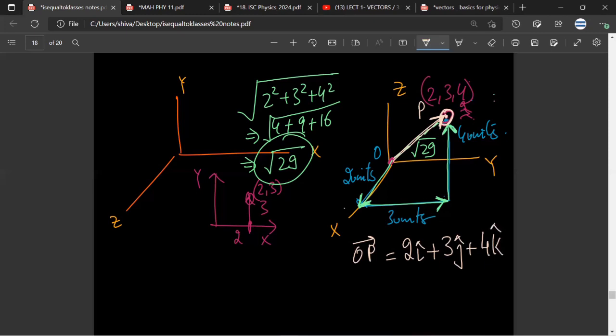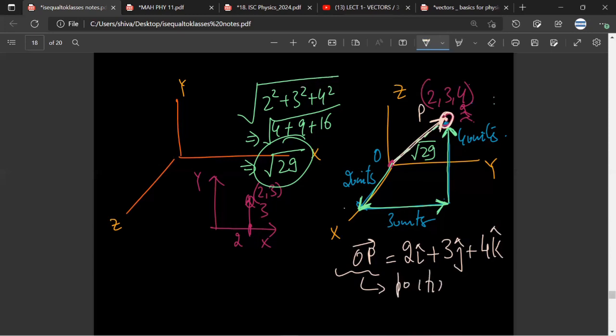Are we comfortable with this or not? Yes. So this point P with respect to O can be written as a position vector. This OP is called a position vector. This is one thing. Are we clear? Yes.